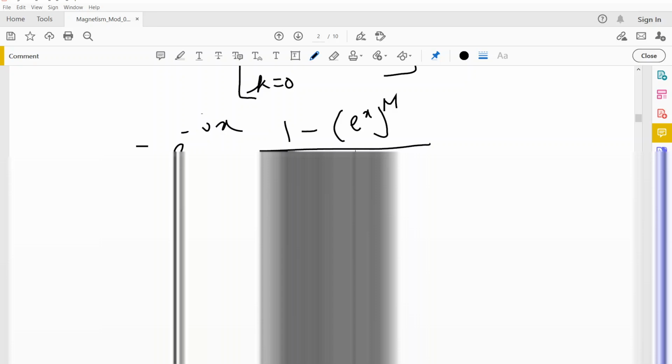We have coth of (2j+1), right? And outside we have x by 2. In place of x, I will put jx and then add a factor j to cancel this, right? That's our y. And in this term we will have 1 by 2j coth.